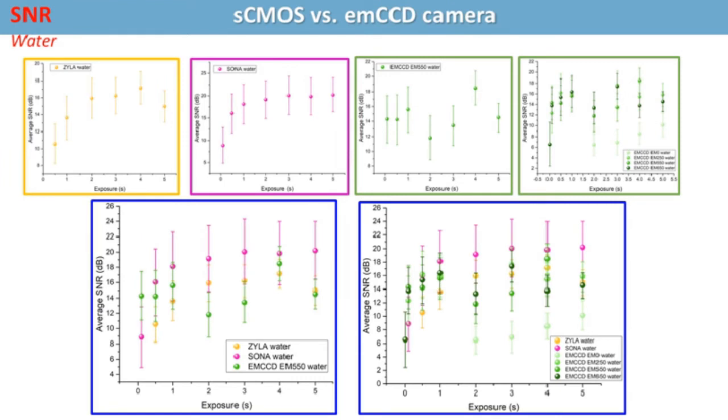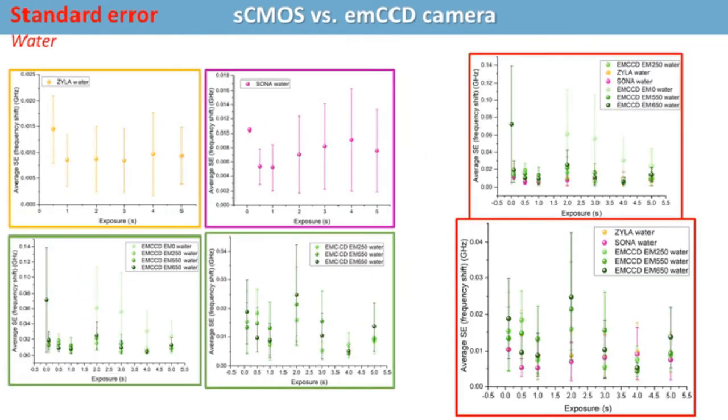So here are some recent data from testing that was enabled by Andor on the sCMOS cameras and EMCCD cameras back to back. In terms of signal to noise ratio for water, perhaps we can look straight at the final plot in here. You have the best performance, although with large error bars here, but best performance comes from the Sona, so the latest sCMOS camera, compared even with EMCCD.